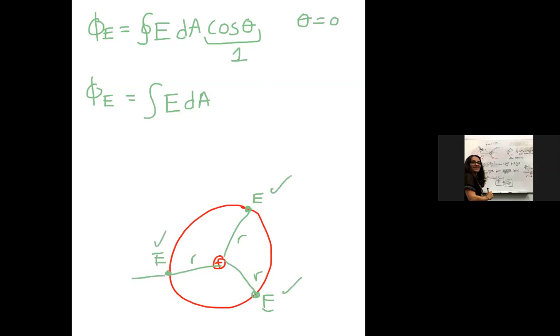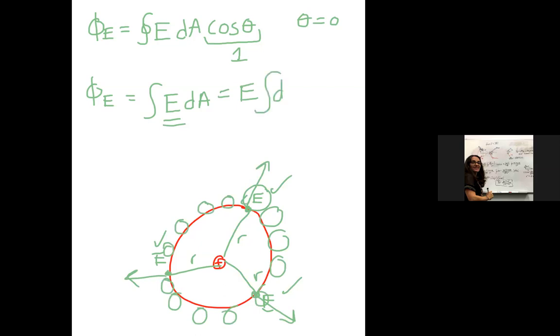What's going to change is the direction, right? But hey, this is now just a magnitude. I don't see a vector symbol. So that's a constant electric field. They're all the same at every point along that Gaussian surface. And then I just have integral dA.